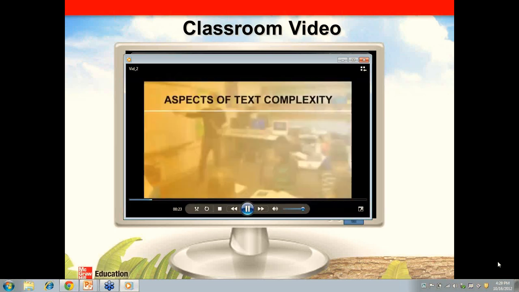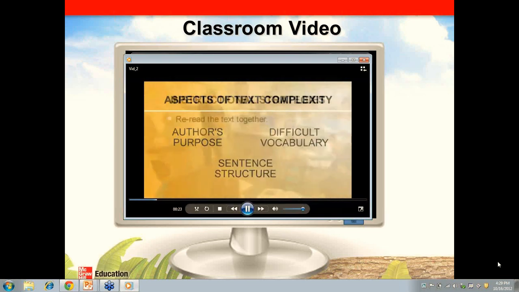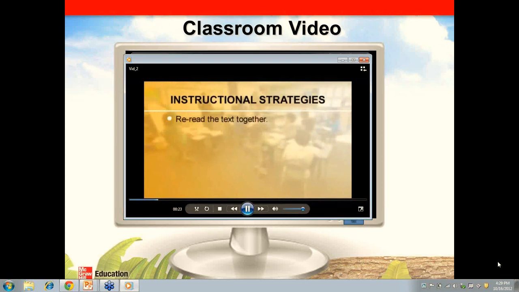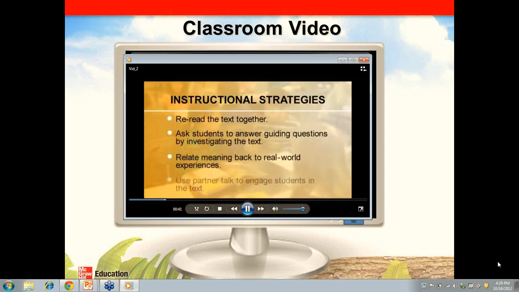The features he addresses include author's purpose, difficult vocabulary, and sentence structure. As the class rereads the text together, notice that Mr. Blevins asks guiding questions to generate discussion, relates meaning back to the students' experiences in the real world, and frequently partners students within the whole group setting to further engage them in the text.